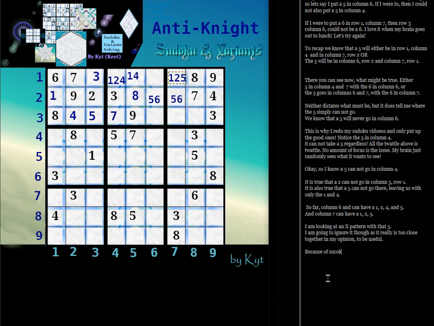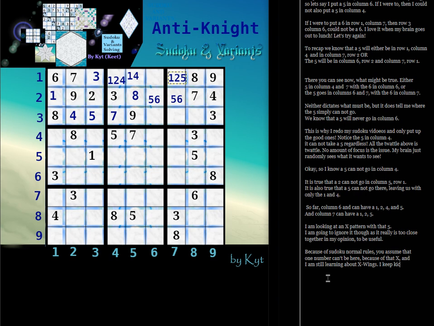Because of Sudoku normal rules, you can assume that one number can't be here because of that X, and I am still learning about X-wings.